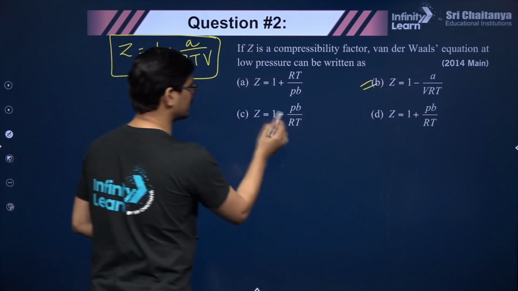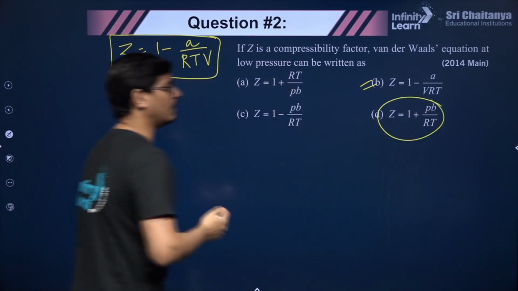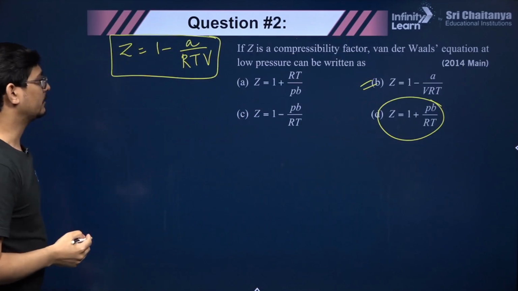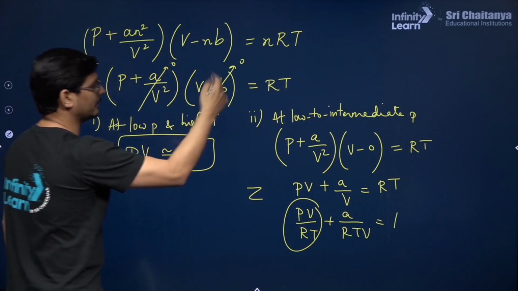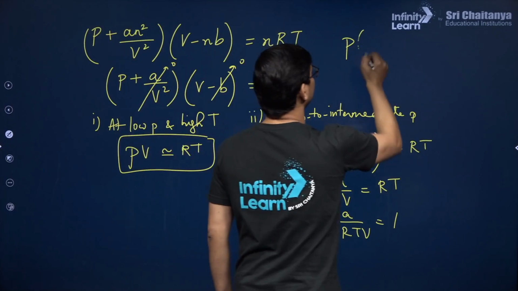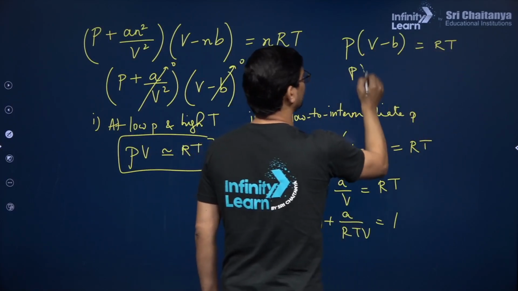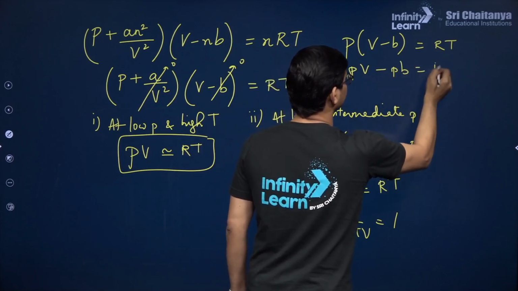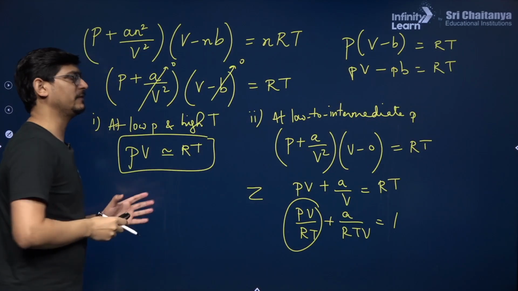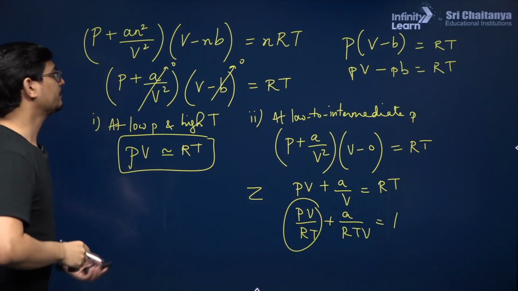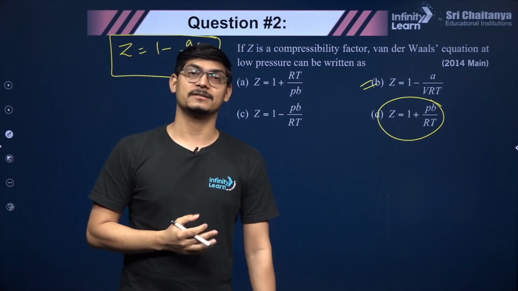At very high pressure, the expression becomes Z is equal to 1 plus Pb by RT. Why? Because in that case you ignore a by V square and you consider b. So in that case, P(V minus b) is equal to RT. In the same way, you can write it as PV minus Pb equals RT, divide by RT and substitute PV by RT by Z. One thing you should remember is that for an ideal gas, the compressibility factor is always 1.